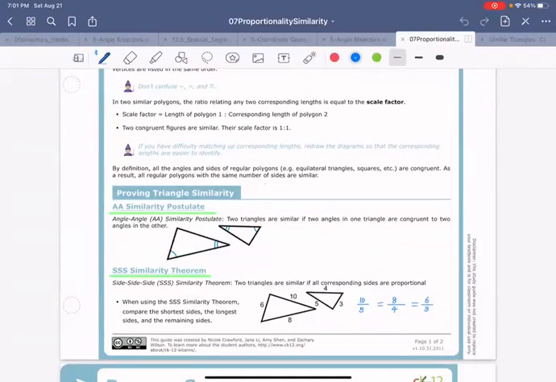S. Side, side, side. Next one. SAS. SSA. Remember, we said SSA is not valid, okay?